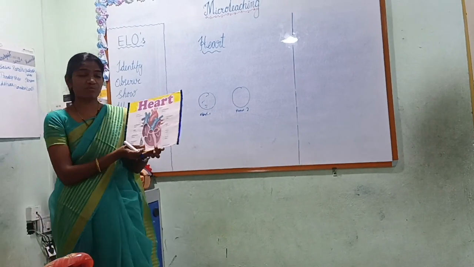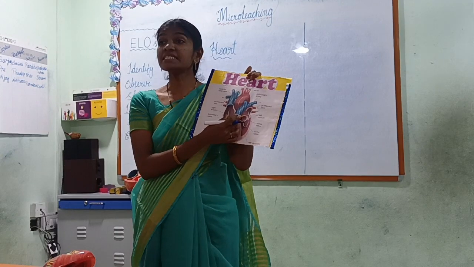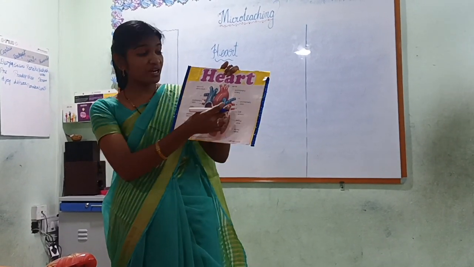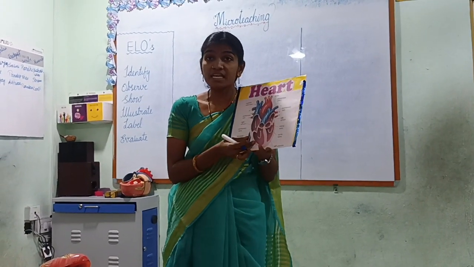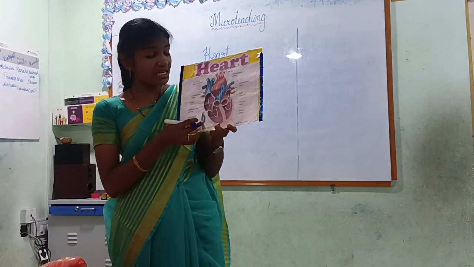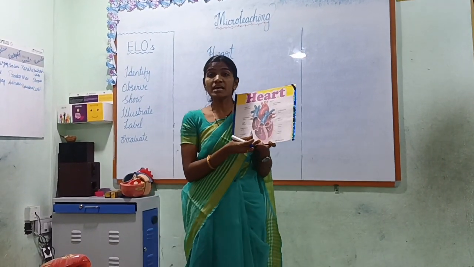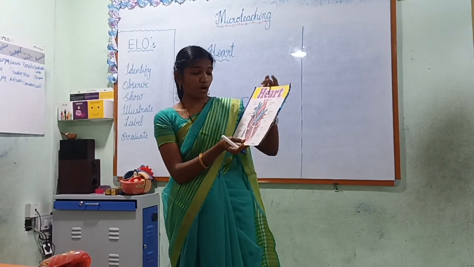See, look at this picture. The upper chambers, the atriums, will collect the blood from all parts of our body, and the ventricles will supply the collected blood to all parts of our body.